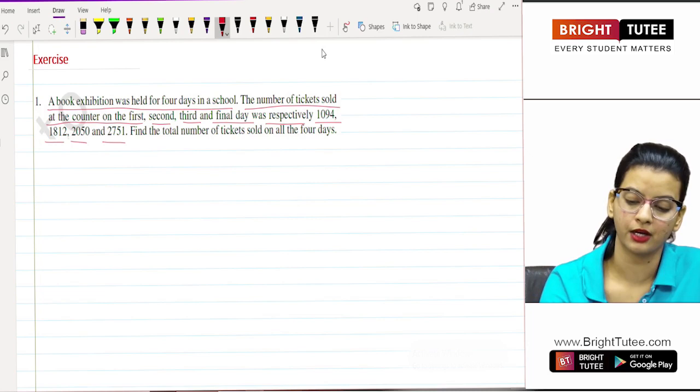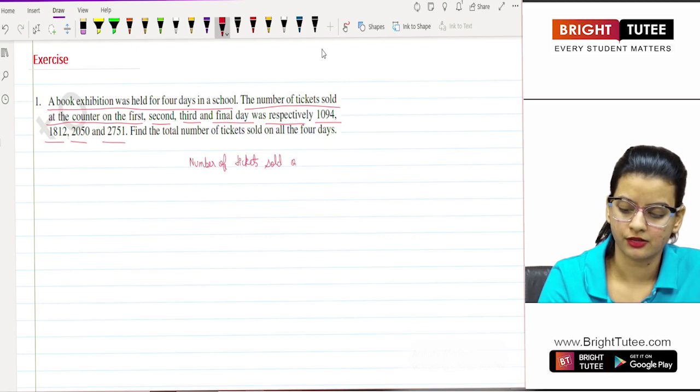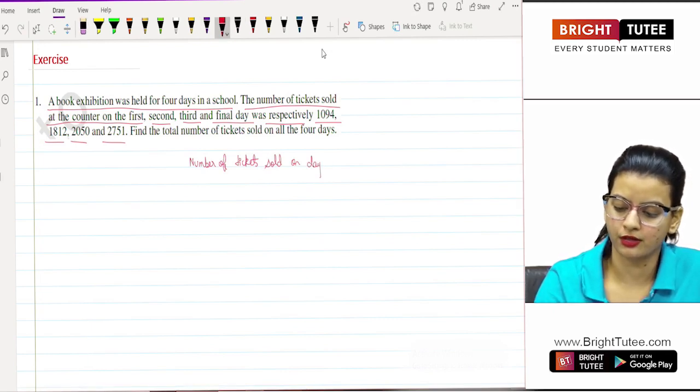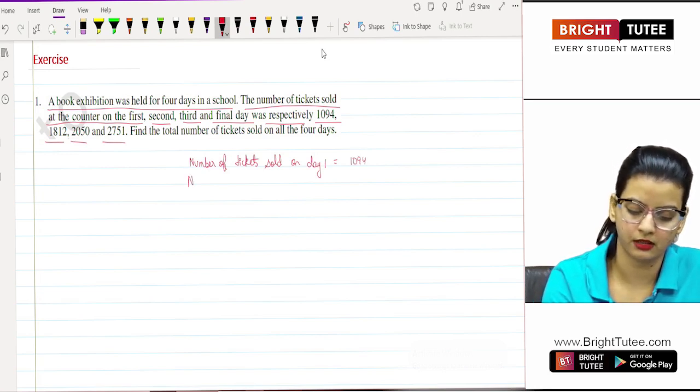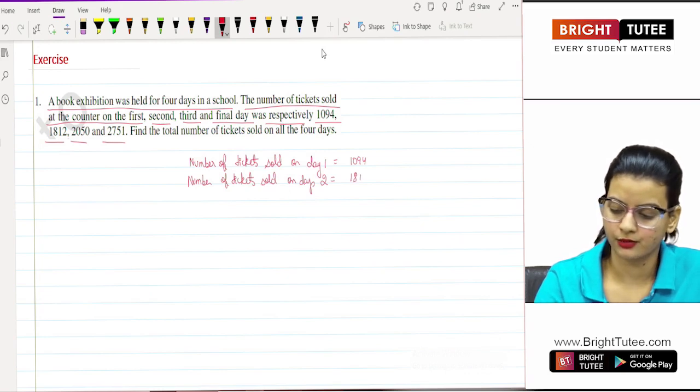So let's start. Number of tickets sold on day 1 is equal to 1094. Then number of tickets sold on day 2 is equal to 1812.